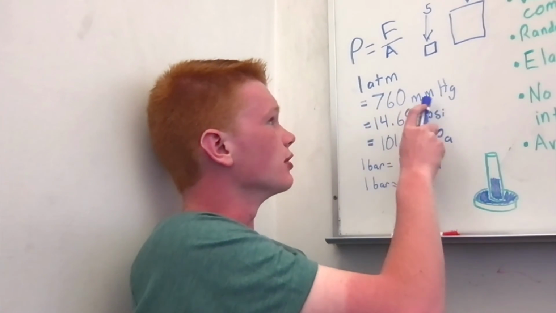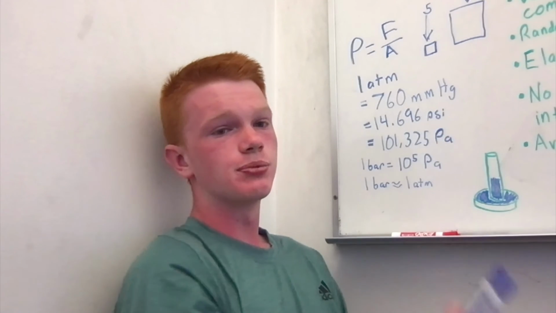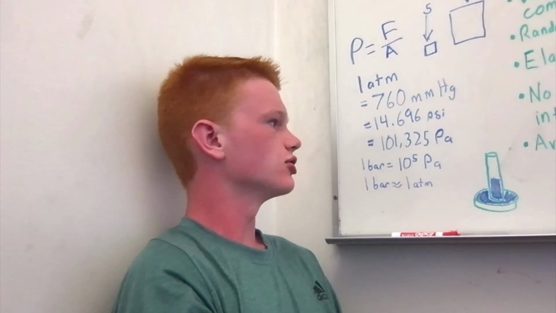So I'll explain what millimeters of mercury means because it has a very practical application. So atmospheric pressure is usually around 1 atmosphere. Imagine that.